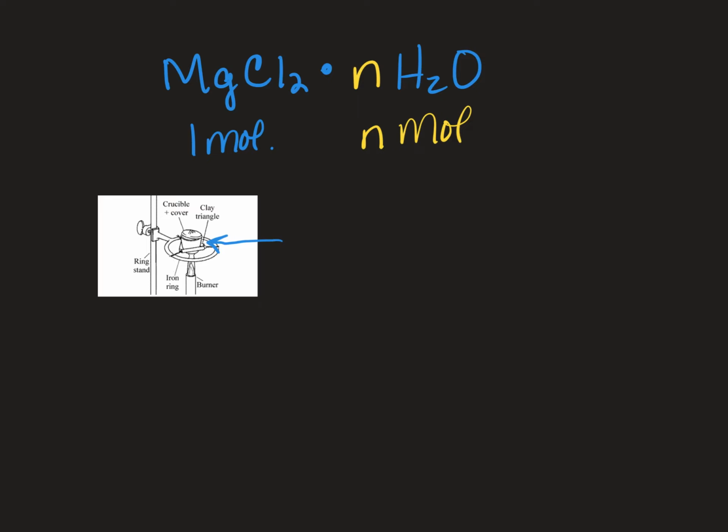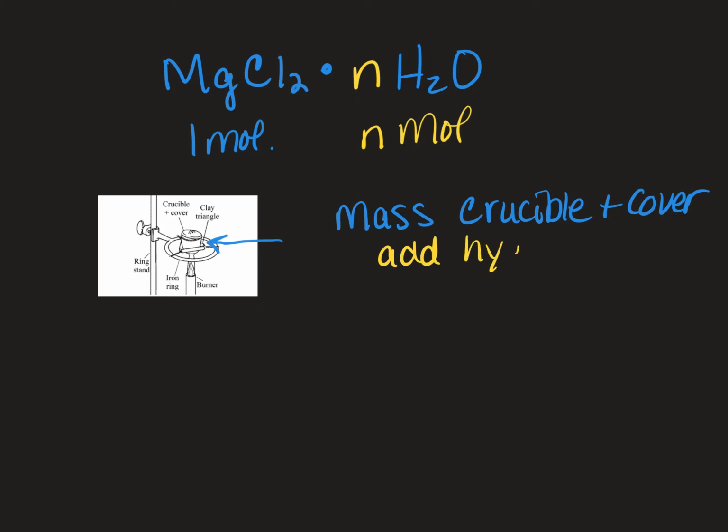So what we would do first is take the mass of that crucible plus the cover. Then we would add the hydrate to that, and measure the mass again.